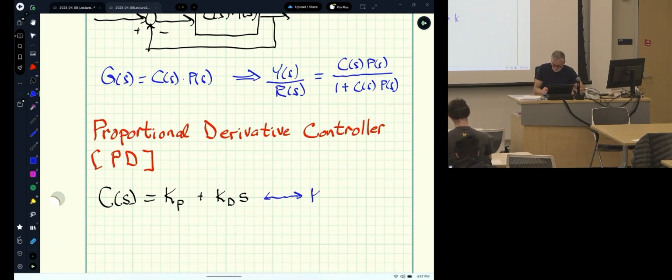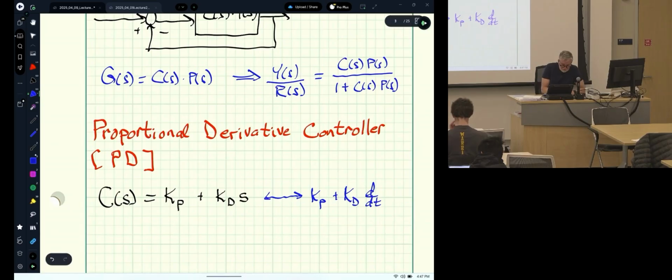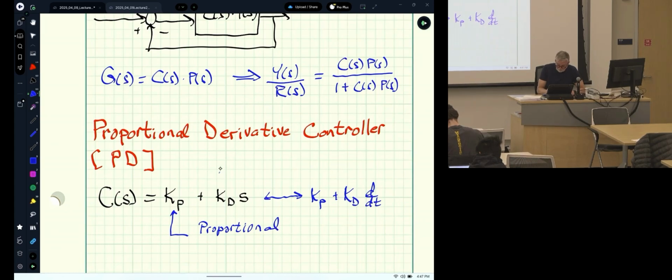Well, the KP term is proportional, but remember, S is the same thing as d by dt. So in the time domain, it really is differentiating whatever signal is coming into the compensator. So proportional derivative.